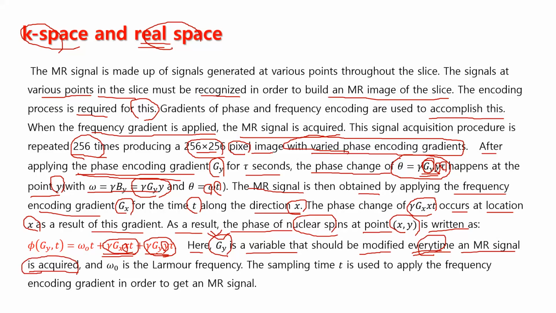For a 256 by 256 pixel image, we have to repeat the phase encoding gradient 256 times along the y-axis. Omega 0 is the Larmor frequency. The sampling time t is used to apply the frequency encoding gradient in order to get the MR signal.